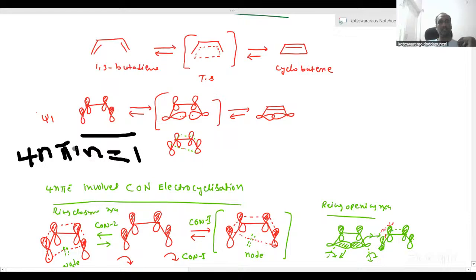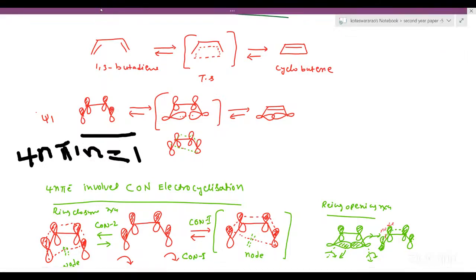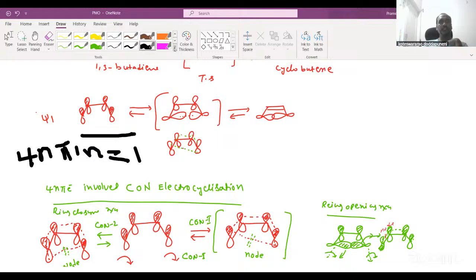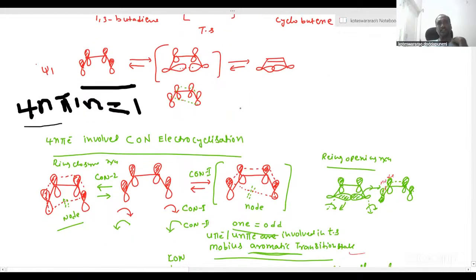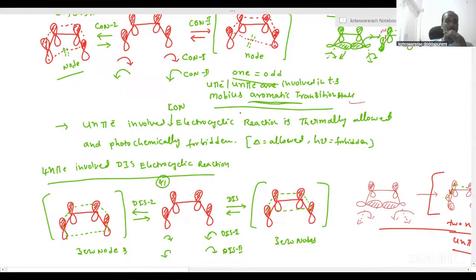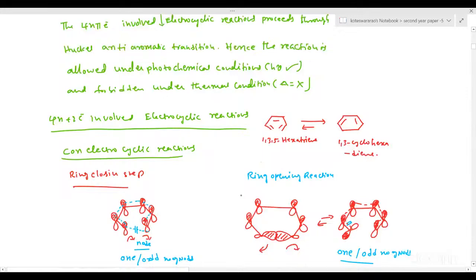How many electrons are there? 4 electrons. Two electrons from here and two electrons from here, total 4 electrons, where n is equal to 1. Where n is equal to 0, you are asking. Where n is equal to 0, there is no existence of a conjugated pi system. If there is no existing pi system, there is no scope for a pericyclic reaction there. Yes, sir. Right.